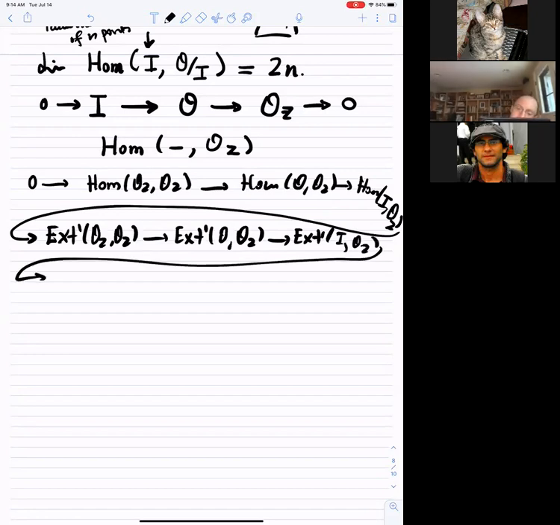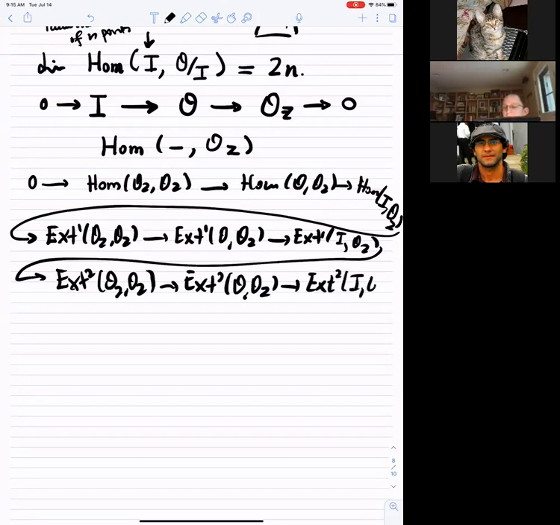Then we have the Ext^2s, Ext^2(I, O_Z). And then, of course, because we are on a surface, this goes to 0. There is no higher Ext, right?